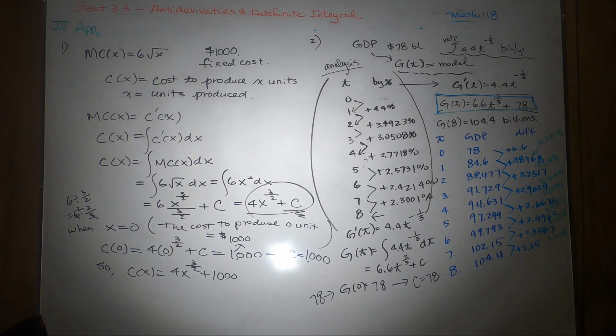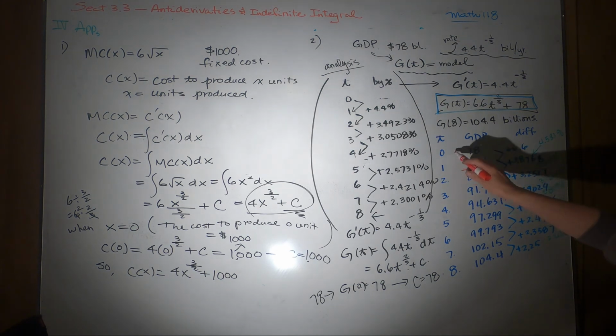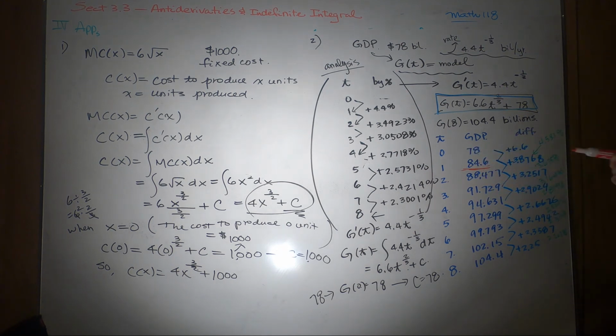Okay? So what happened is, at the beginning they started from here. So after the first year, they start to collect the data. They find out that at the beginning they started from 78 GDP.